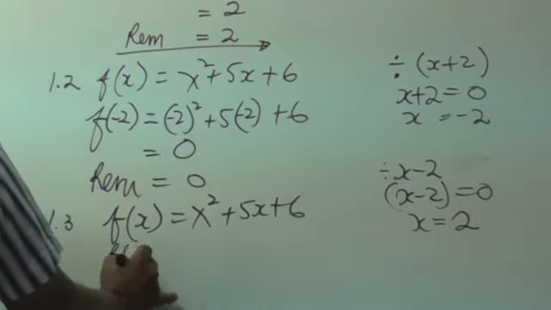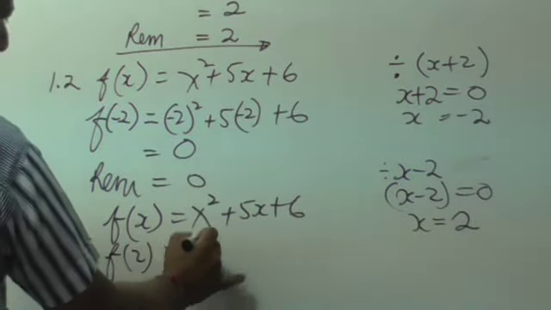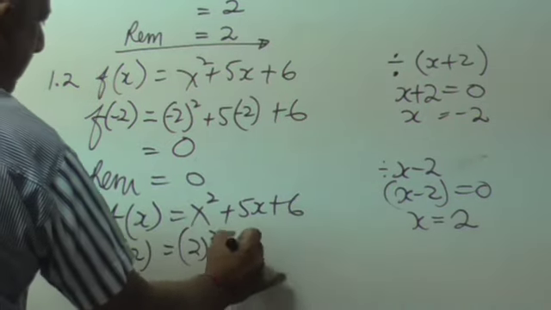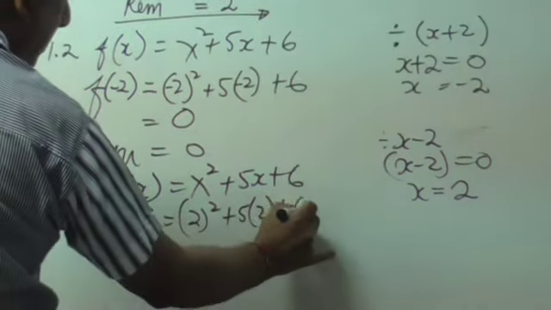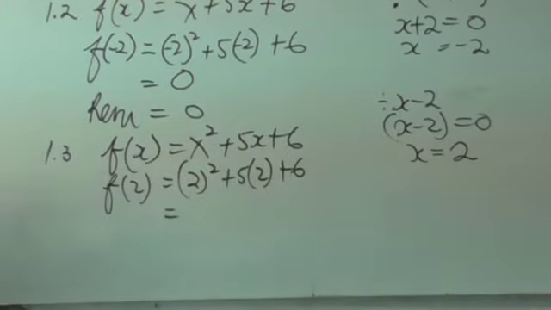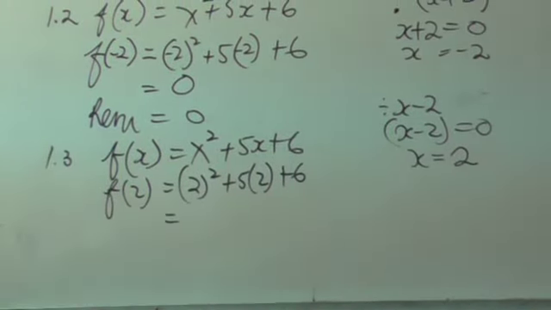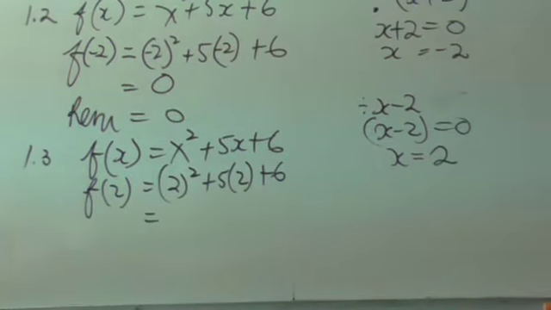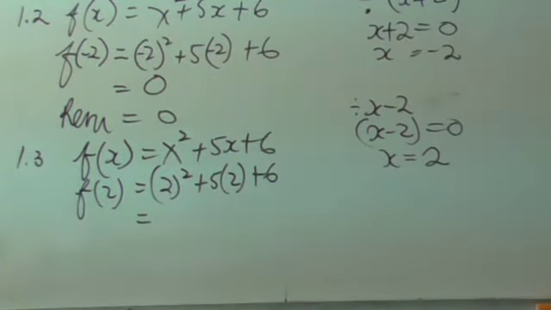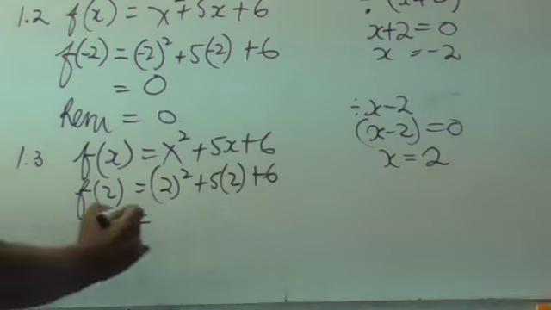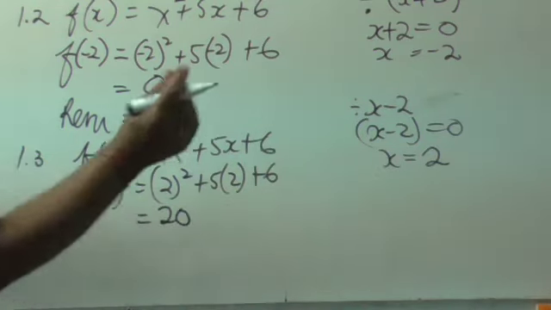So you will find f of 2, which will be 2 squared plus 5 into 2 plus 6. Put that into your calculator and you will get a remainder equal to, well, let's see, that will be 4 and that will be 10, 14 and 6, 20. But you can just put it in your calculator.